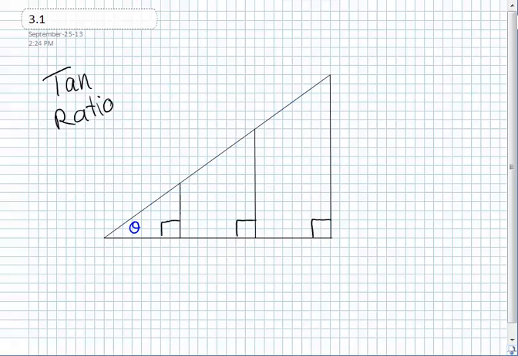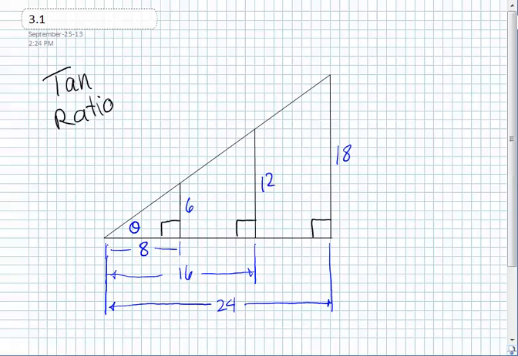So let's look at theta, and more specifically at these three triangles and their dimensions. If you want to take the time to count the squares to double check, you can. The tangent ratio is defined as a ratio of these side lengths, because these are all similar triangles, which means the ratio of corresponding sides is the same for all three.